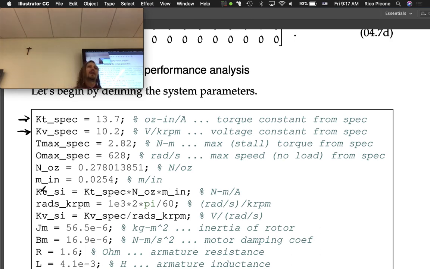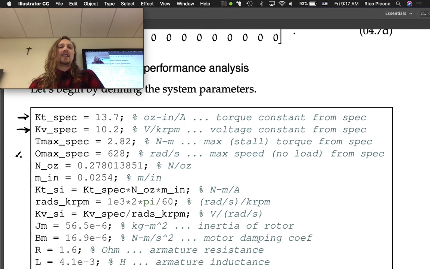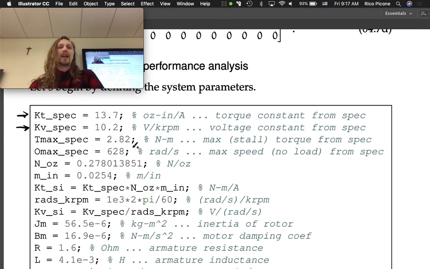They don't give any motor curves, so we're going to develop motor curves, and you have to trust some of their specs in order to do that, or you have to measure them yourself. So we're going to trust these specs and see what happens. T max is in the spec sheet. The max torque is 2.82 Newton meters, and 628 radians per second is the max speed.